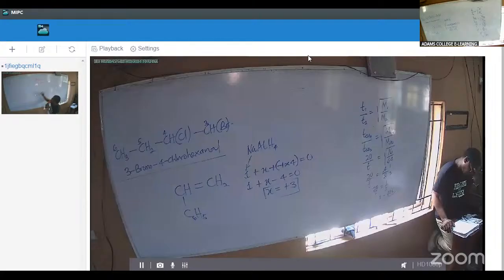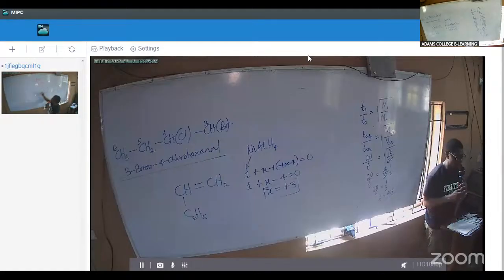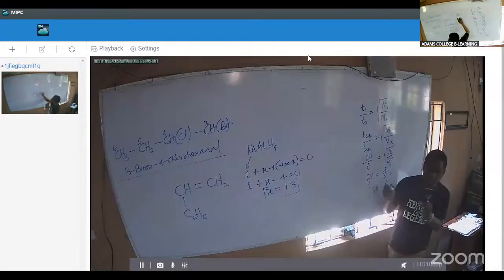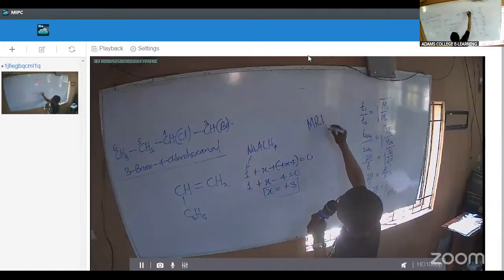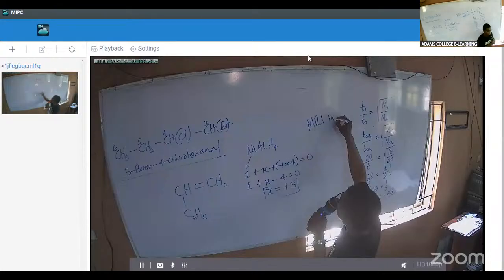Question number 6, 7, 8, good. Which of the following noble gases is used in photography, MRI imaging, magnetic resonance imaging, and satellites?